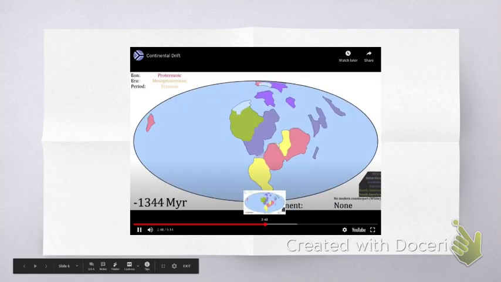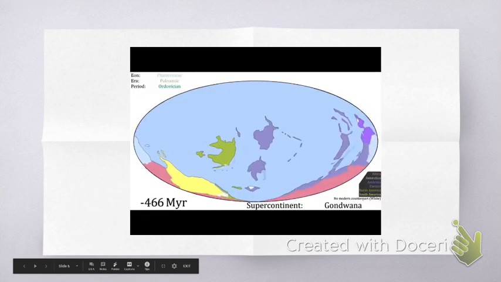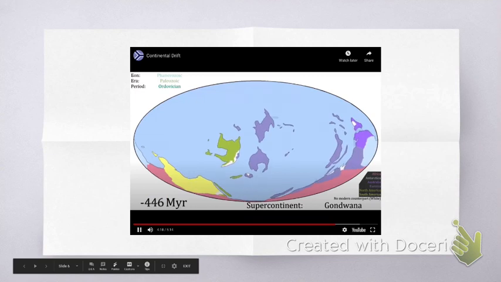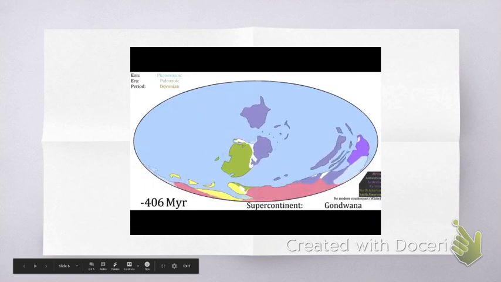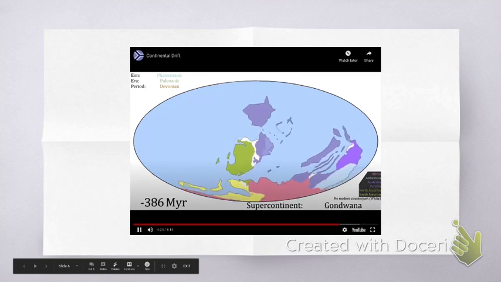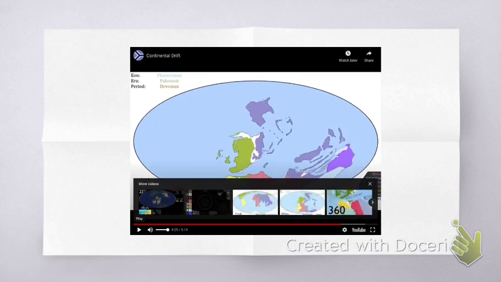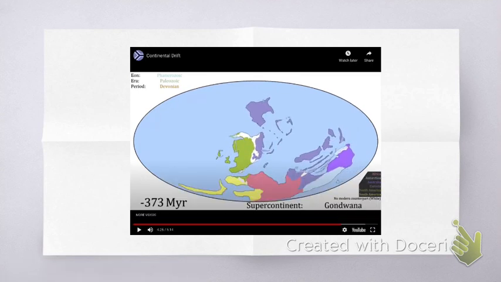There's a supercontinent there. Let's move way ahead. The supercontinent is Gondwana there. See Africa down here near the South Pole.